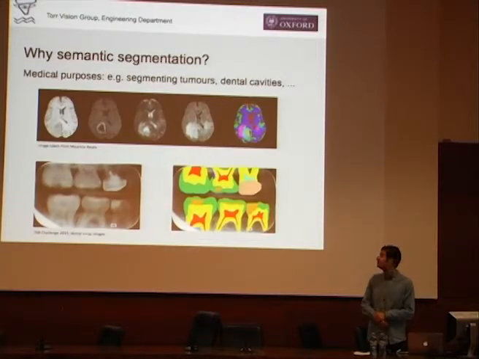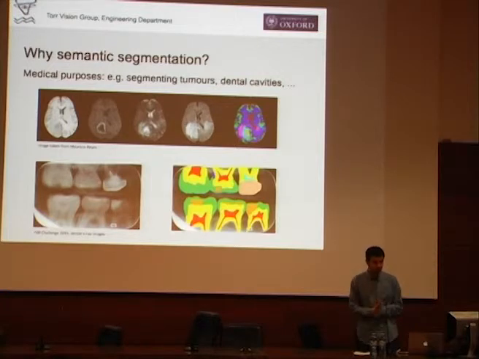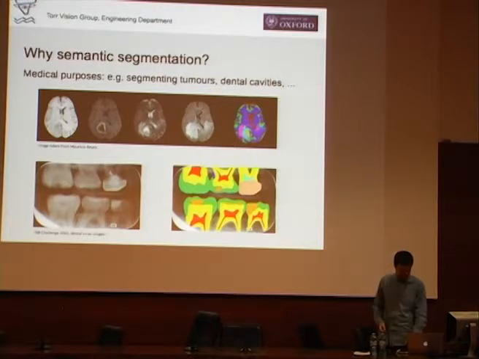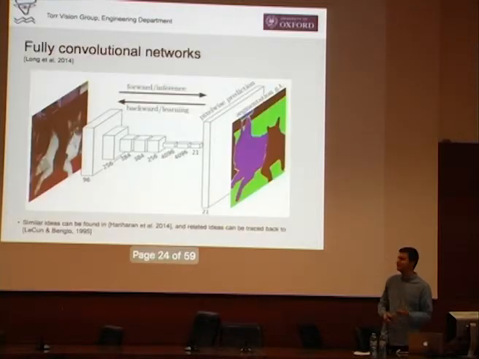Also very useful for medical images, like segmenting tumors or different brain regions in fMRI scanners, also dental cavities, and so on. So I hope that by now you think this is an interesting problem to work on. It has some applications. So the question is, how do we deal with this?